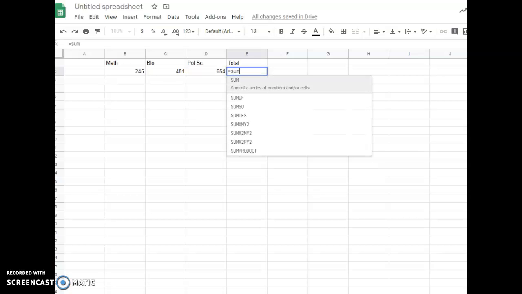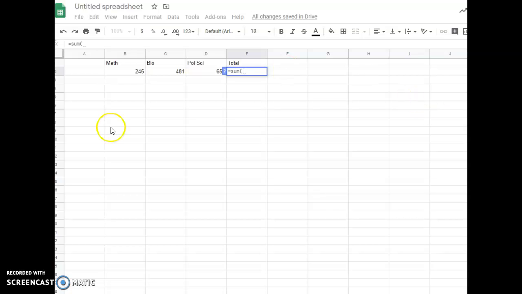Remember, sum means add. So I do equals, sum, and parentheses, and then I highlight all the stuff I wanted to add. I wanted to add those three numbers, and we hit enter. And boom, there's that 1380 like it's supposed to be.